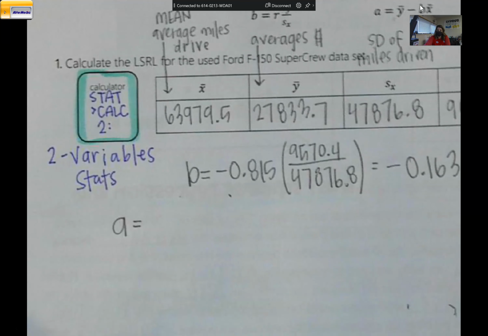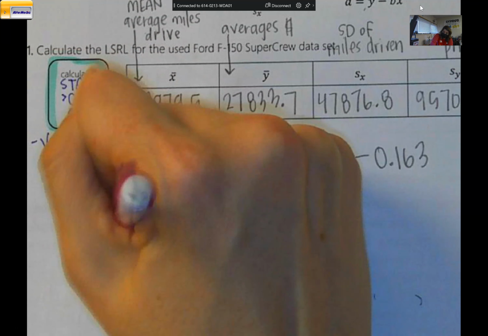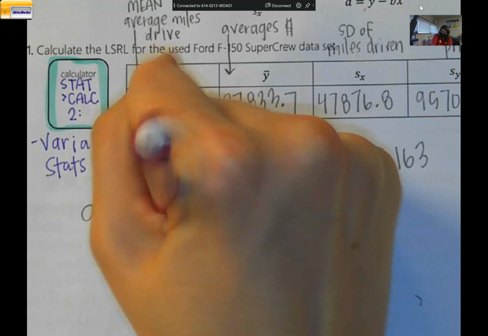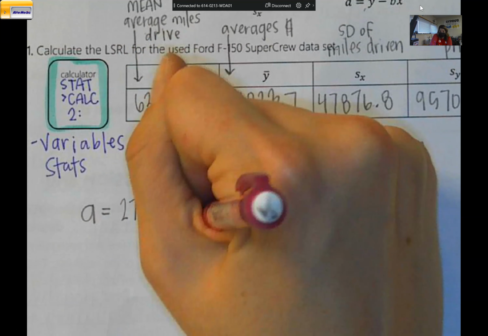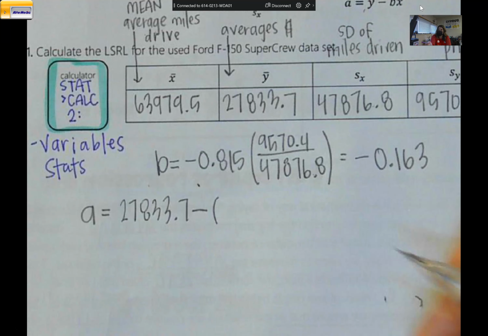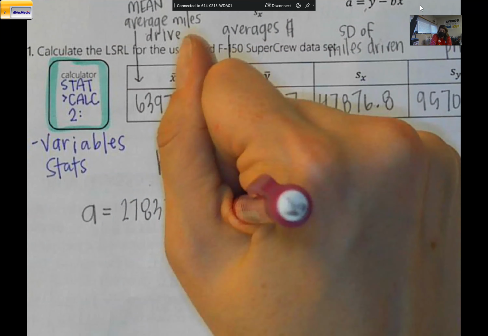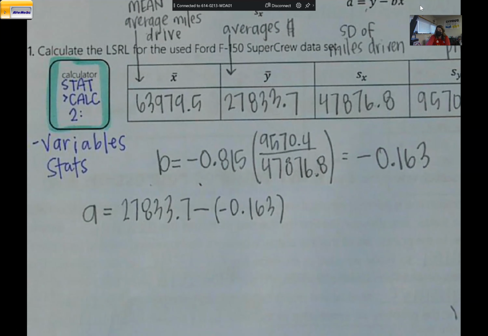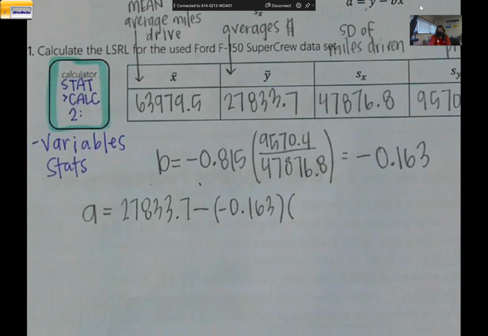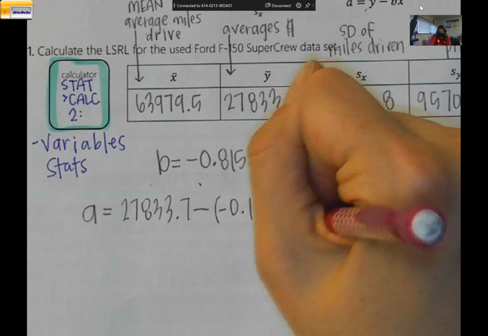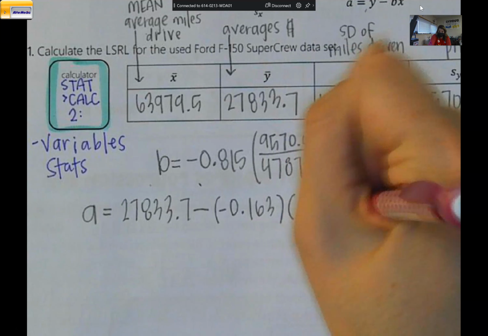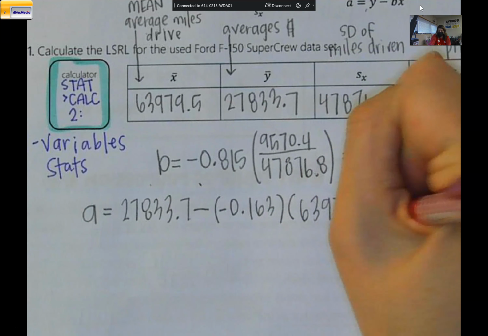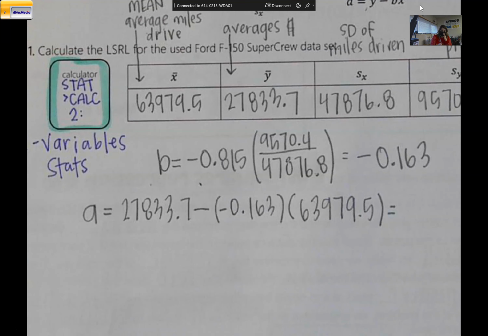So we take our average y value, 27833.7, subtract, and now be careful here because it's negative 0.163. That's the slope you just found, multiplied by your average x value, 63979.5. So this is your y-intercept.